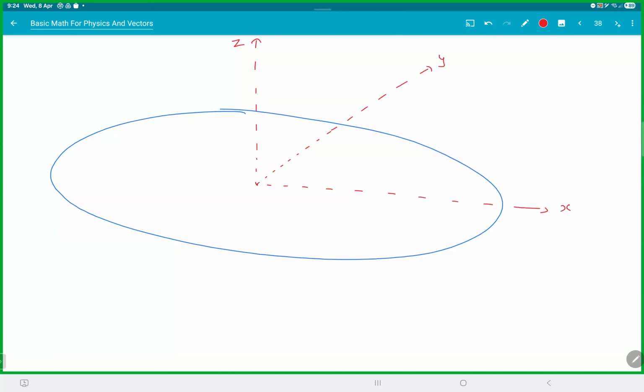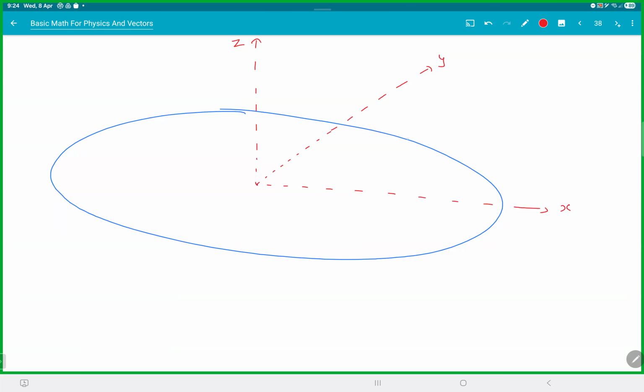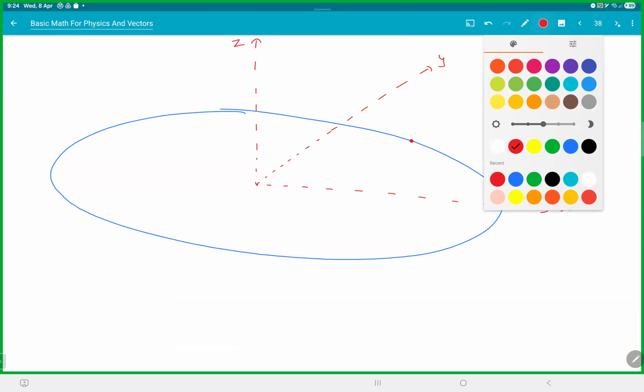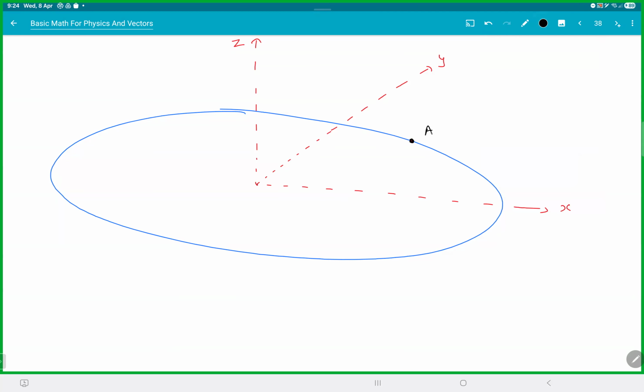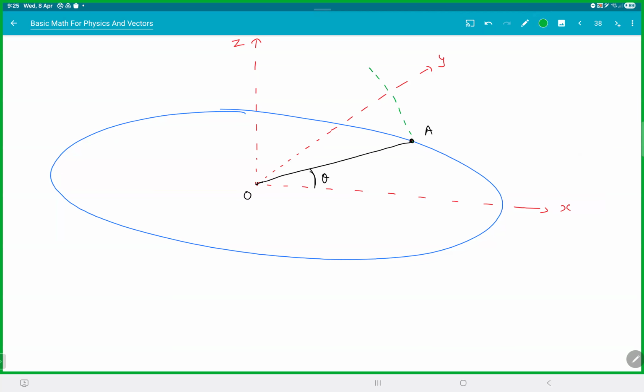So how is your point P here? First of all, you're traveling somewhere at an angle theta. So this is A, this is O. When you travel on the x-axis, this angle is theta. Then from here, you are going on a circle to point P. This angle is phi. Now, tell me one thing.